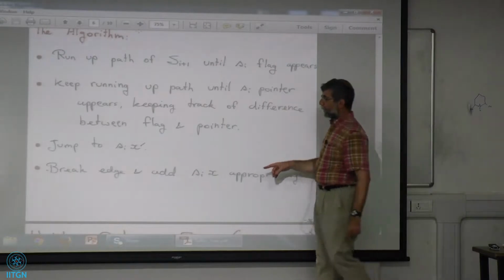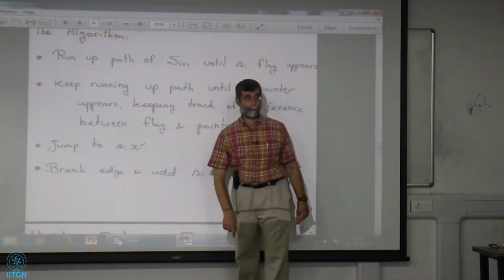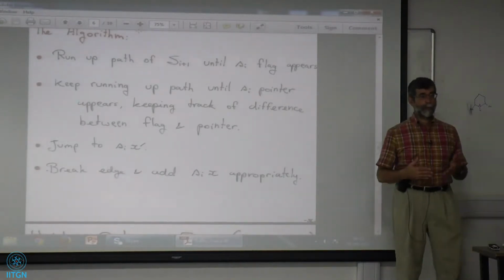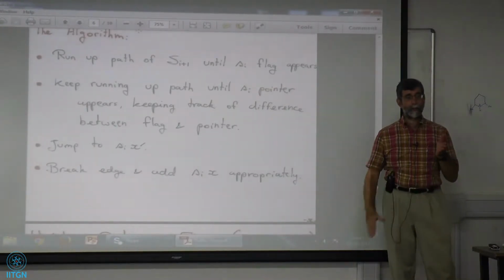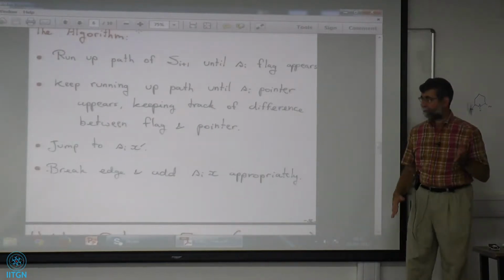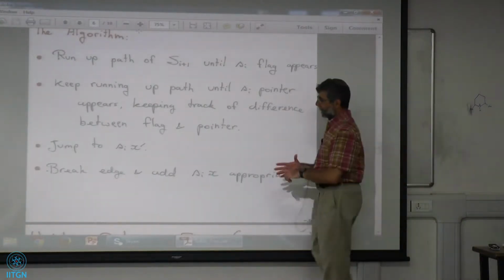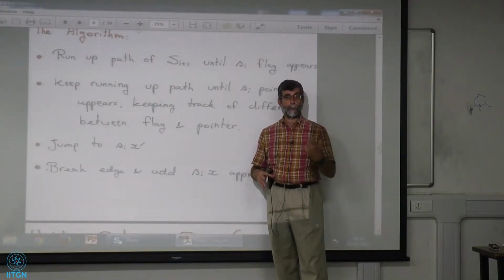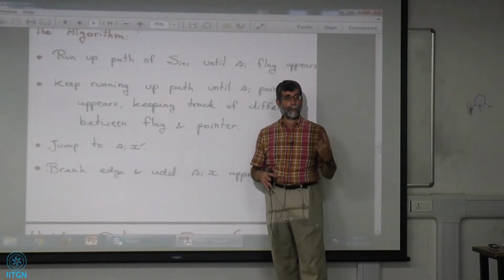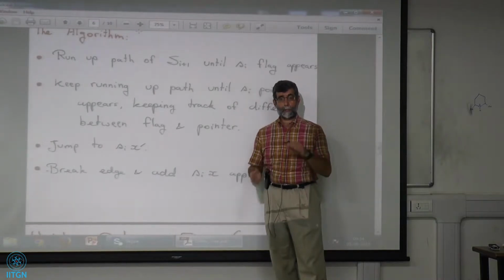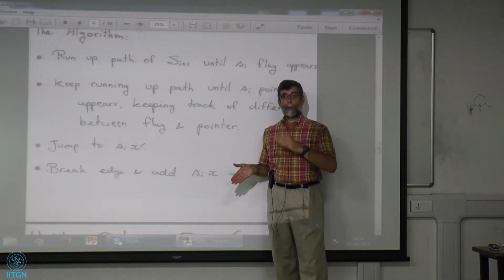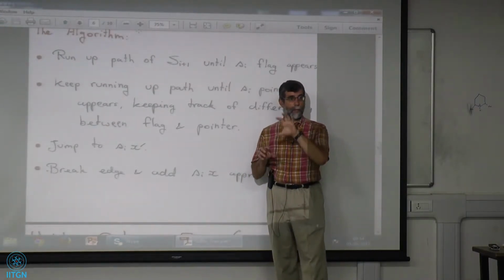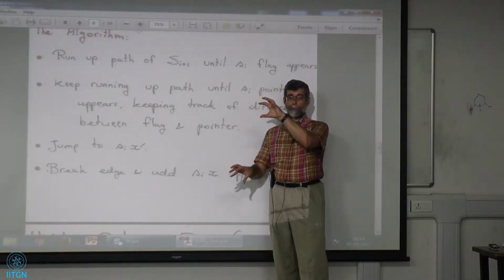When you get the pointer, you jump to SiX prime. Now you know, okay, here is the edge that I need to cut, and because I kept count of the difference between the flag and the pointer, I even know where I cut it. What's the length that I cut? How much is here and how much remained there?